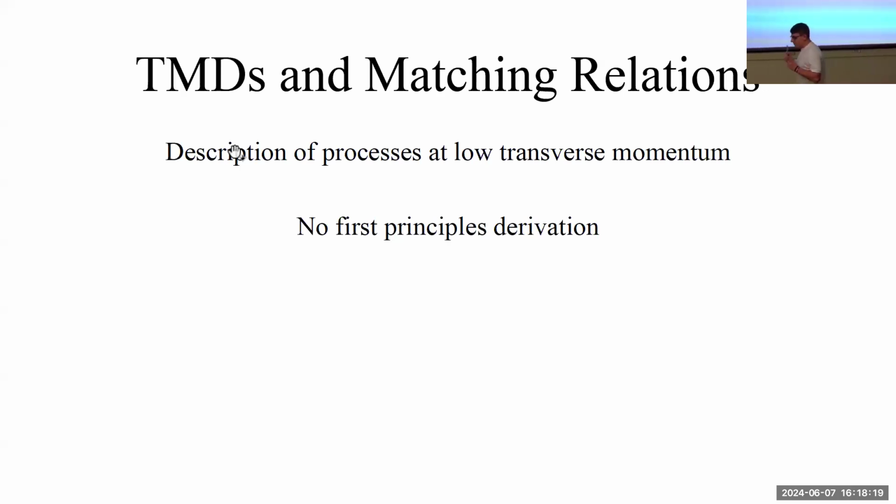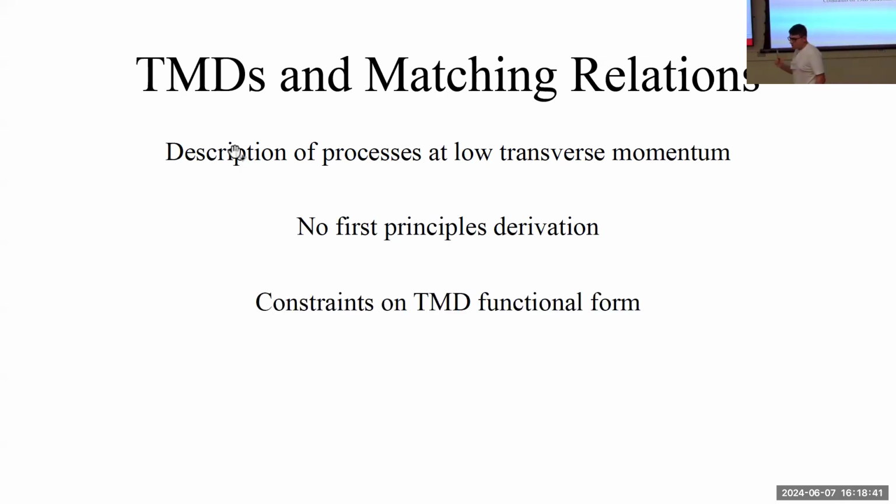We have seen that we have no first-principle derivation of the analytical form, in the sense that the TMDs derive from the decomposition of the correlator over a basis of Dirac structures, but the decomposition doesn't say anything about how these distributions are made in analytical form. So we have to extract these distributions from the data, and the only way to do so is to put some constraints on the functional form. Collinear matching relations try to reach this aim.